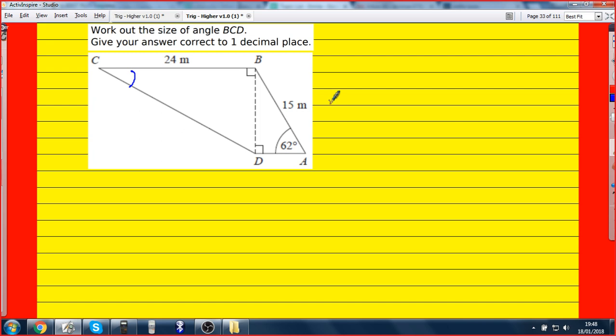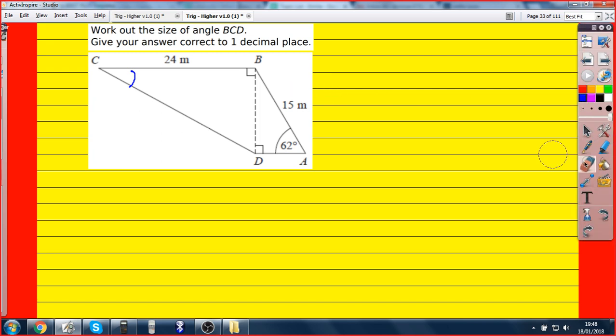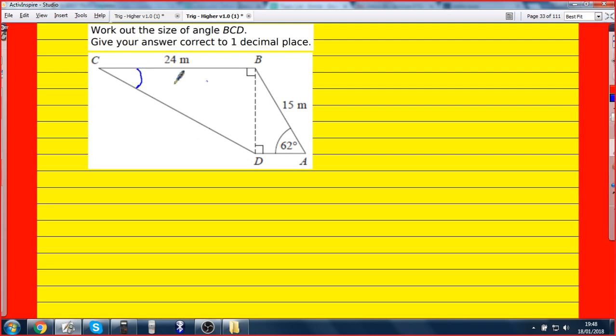I feel like we can call it C. And then we have... okay, so we have 24. Do we need to find one of the other ones from the other triangles to find this?